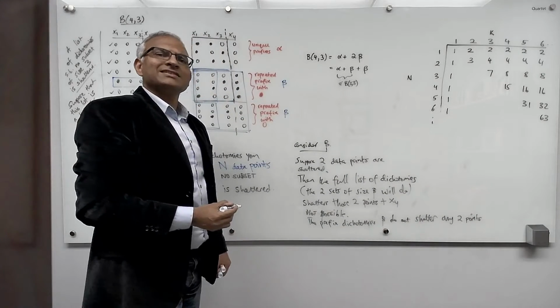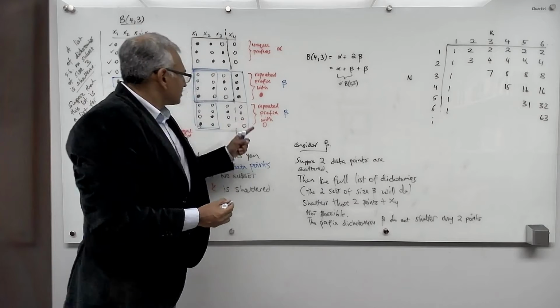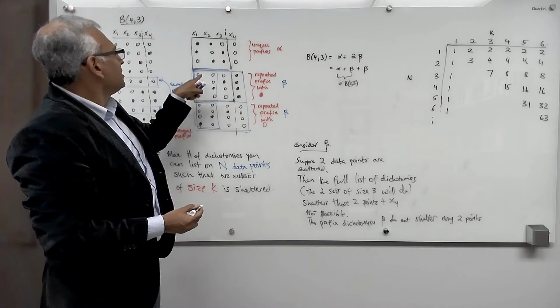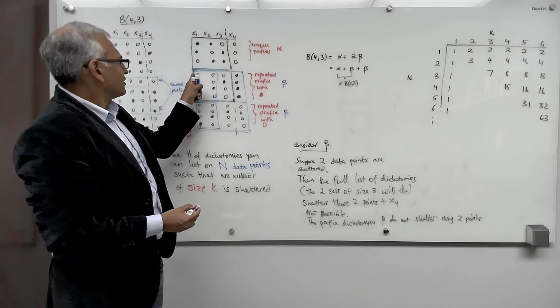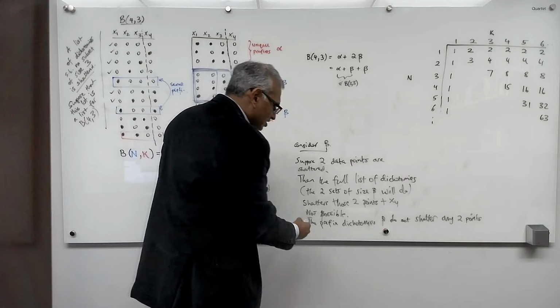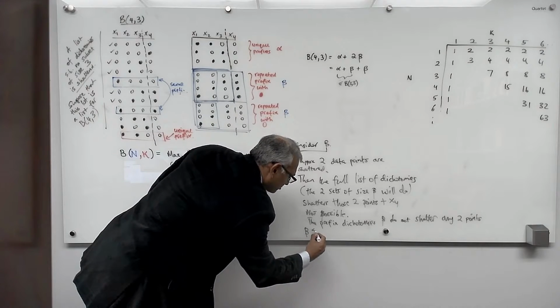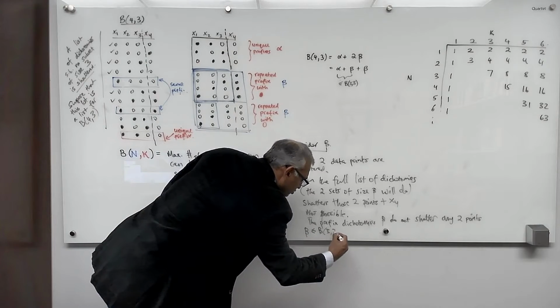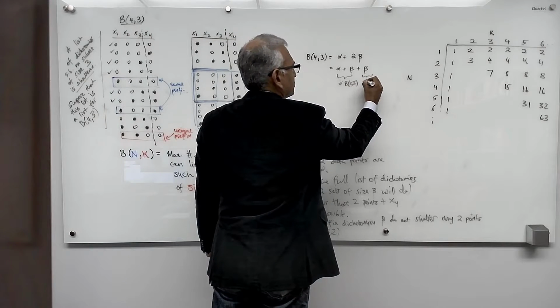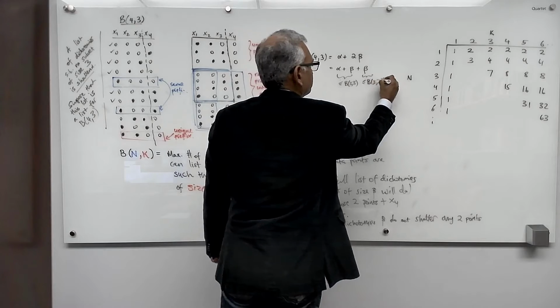And what does that mean? That means that beta cannot be larger than B(3,2), because you have 3 points and you're not shattering any subset of size 2. So beta is at most B(3,2).